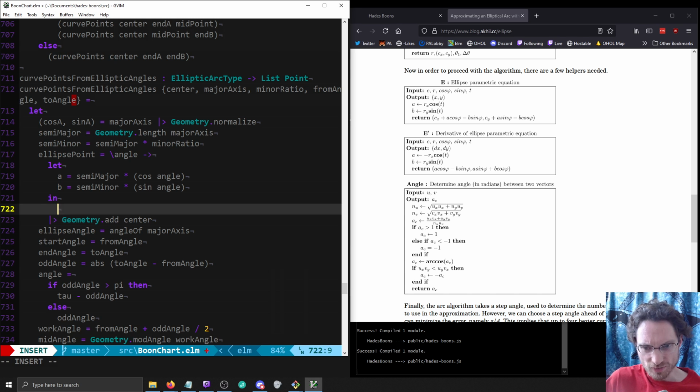And then the rest of that is A times cos angle minus B times sine angle, A times sine angle minus B times cos angle.